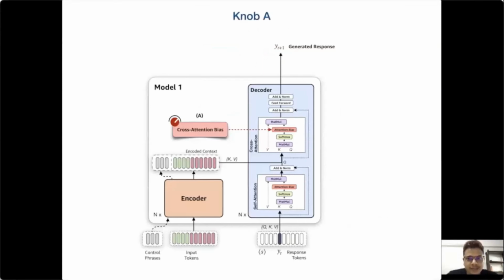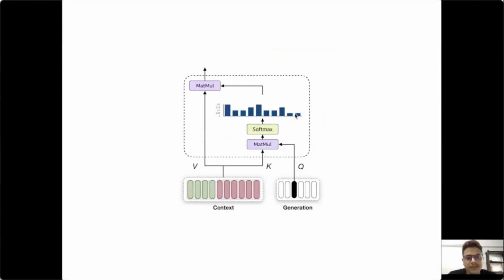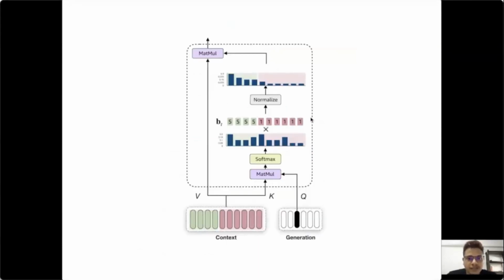As the name suggests, the attention biasing knob is applied to the cross-attention block of the decoder of this encoder-decoder transformer model. The way it works is that it takes a normal cross-attention layer and intervenes on this computed attention distribution. So the intervention follows this way. There is a bias vector PT that we design, and this bias vector scales the attention distribution and then renormalizes it.